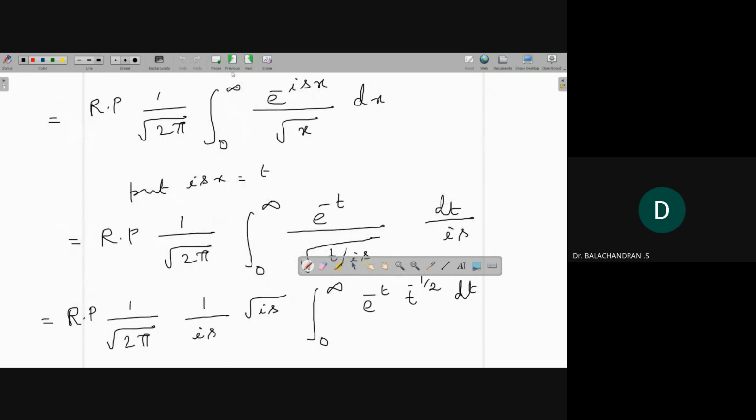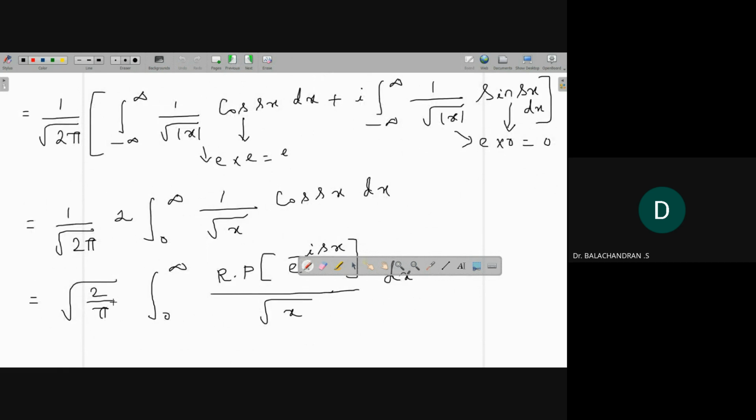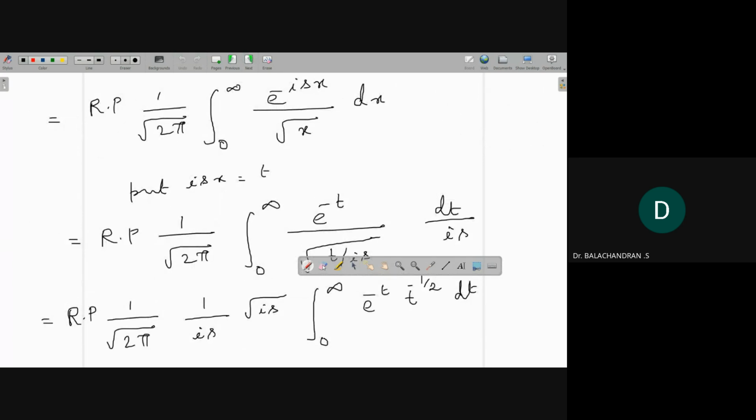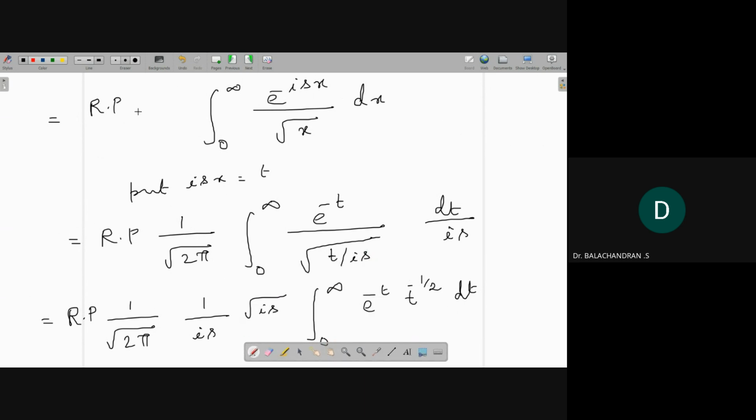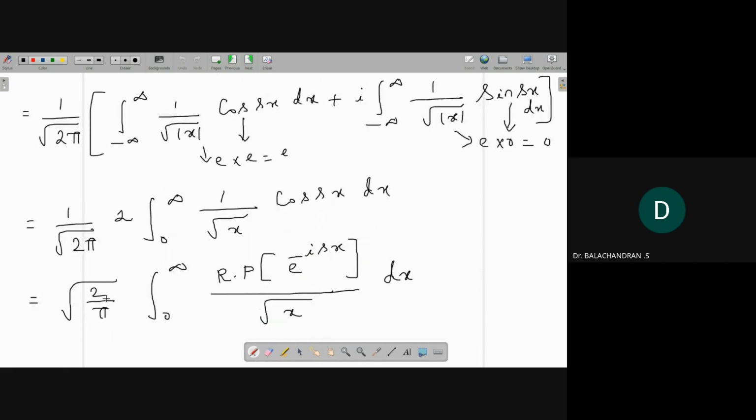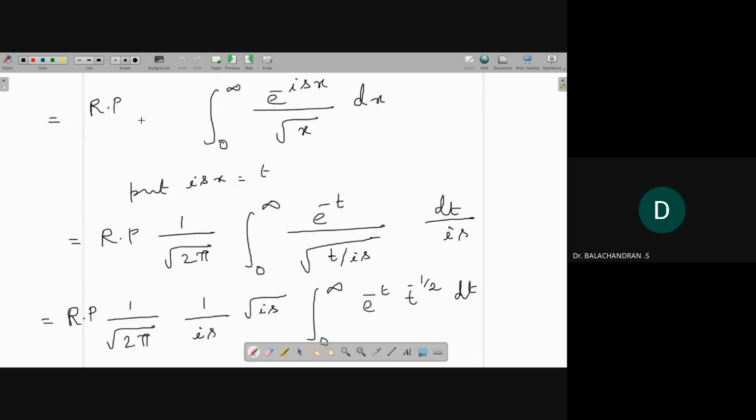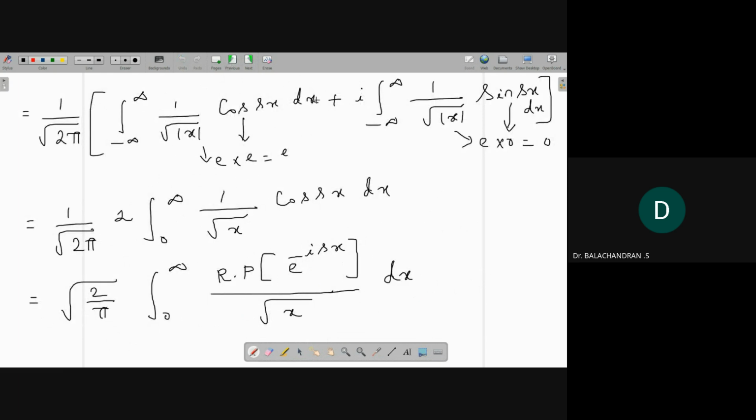The next step, what I wrote here? 1 by root 2 pi. So that is a mistake. So I should write root of 2 by pi, because I don't get the answer. That's why I'm checking here. The remaining thing is, I think, correct.